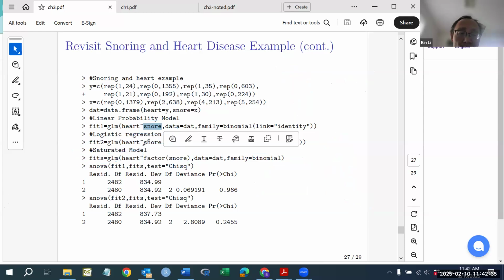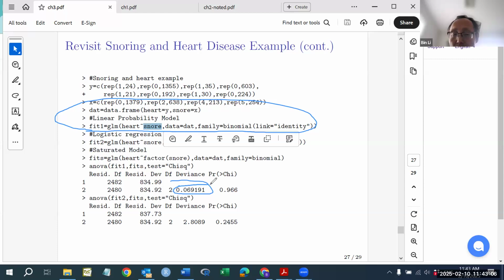Okay, so after that, we can find out the deviance, and then we can do the test. You can see the deviance for the linear probability model, that's fit 1, is 0.069191.